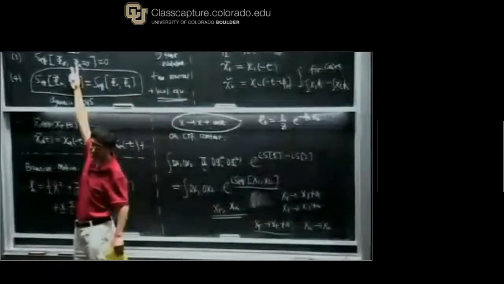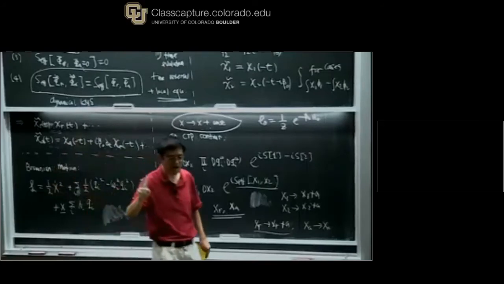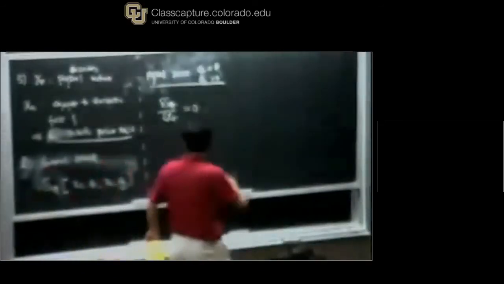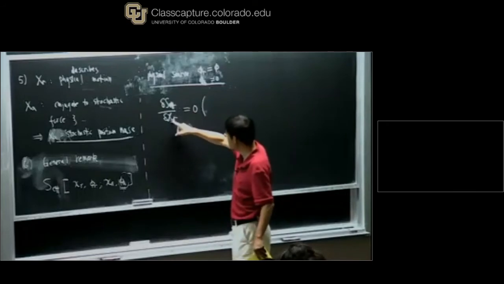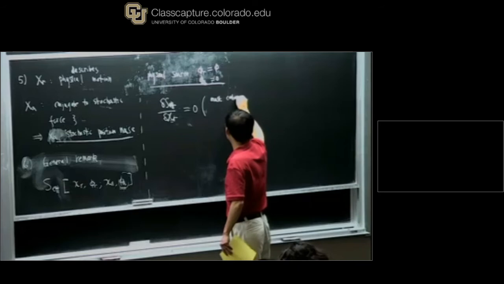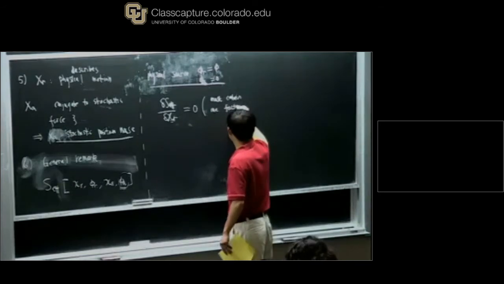Then this effective action must at least contain one factor of chi a, because phi a equal to 0. So that means when you take the derivative over chi r, it must contain one factor of chi a.